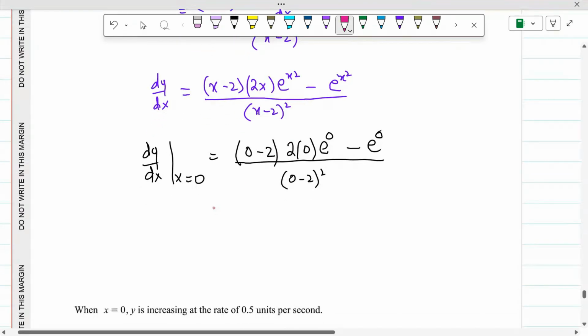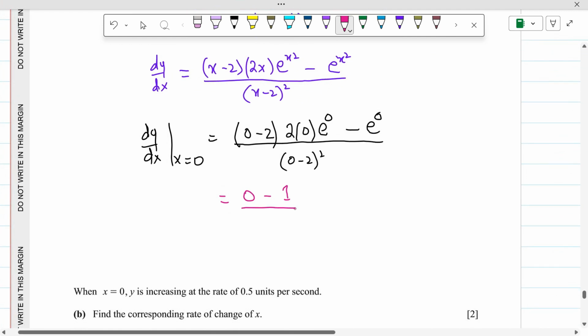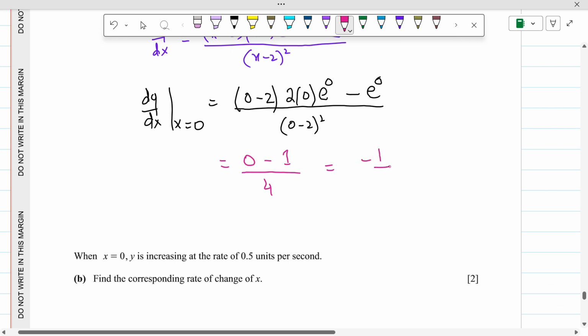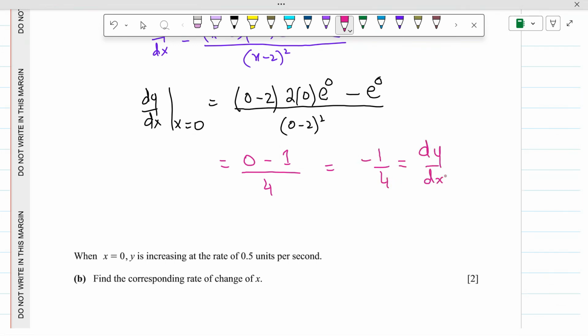So this one will be equal to 0 minus exponential of 0, which is 1, over 0 minus 2 whole square, meaning negative 2 square, which is 4. So this one is equal to negative 1 over 4, which is dy over dx when x is equal to 0.